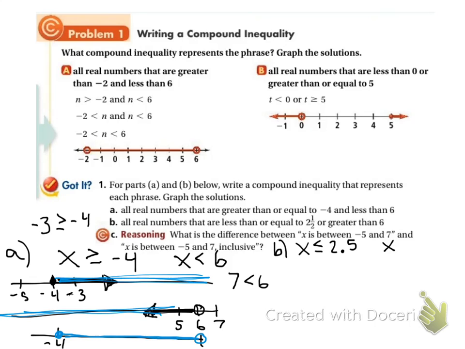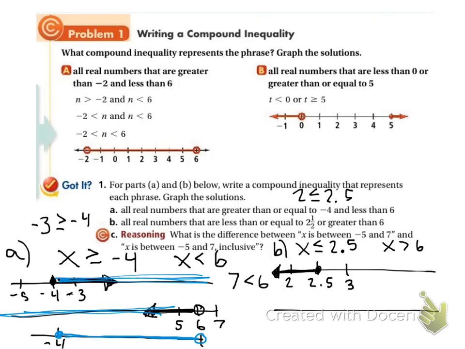So x is greater than 6. So I'm going to graph my first one. Let's move it over here a little bit. 2.5 is going to be between 2 and 3. And it's going to be a closed circle there. X is less than, so if I plug in 2, 2 is less than or equal to 2.5. That's true, so we're going this direction.